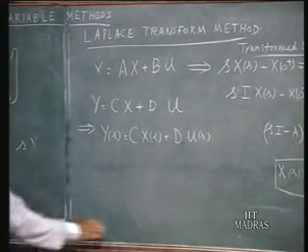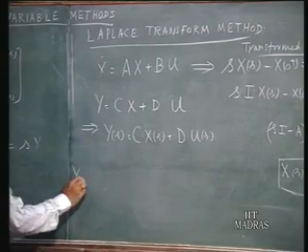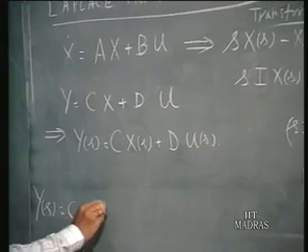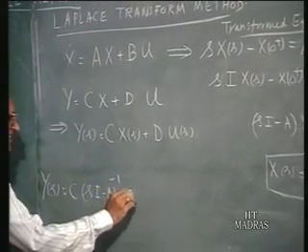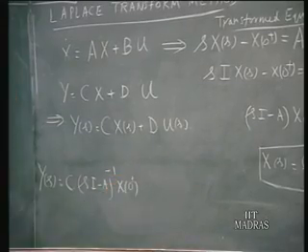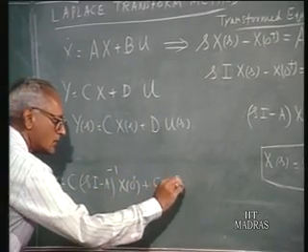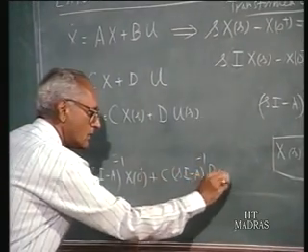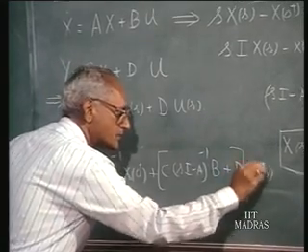Therefore, we now have the final solution for the output in the Laplace transform domain as y of s equals C times sI minus A inverse x0 plus, plus C times sI minus A inverse B plus D times u of s.